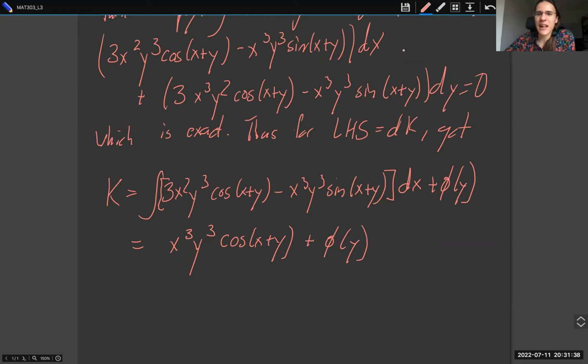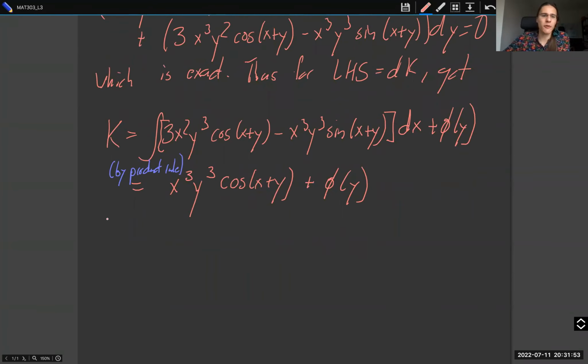And then just to be helpful to the reader, you note 'by product rule'. That's a helpful remark as to how you actually got that, so it's not out of thin air. It's really suggestive of that. Okay, so now we take k with respect to y.